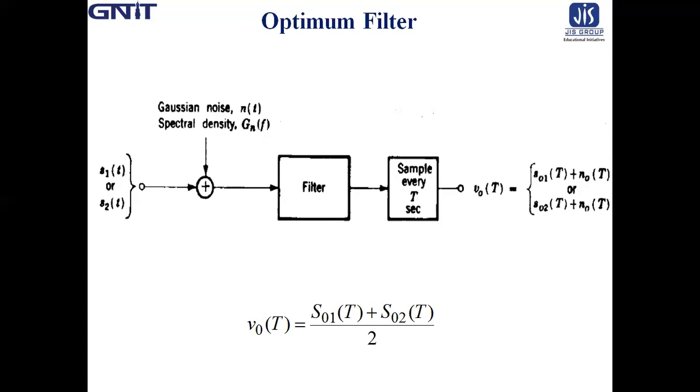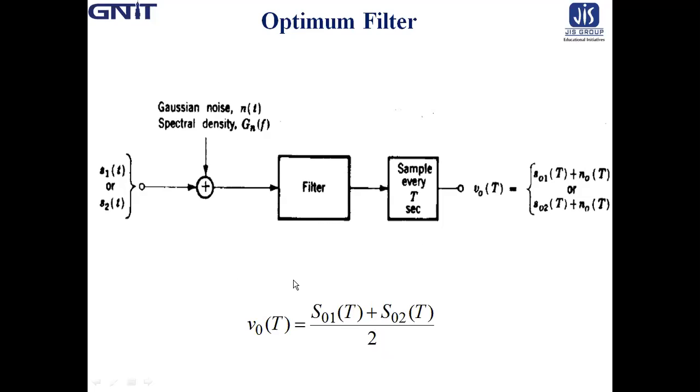Therefore, there must be a decision boundary, which is midway between S01(T) and S02(T). So the decision boundary v0(T) is [S01(T) plus S02(T)] by 2, which is the midway between S01(T) and S02(T).